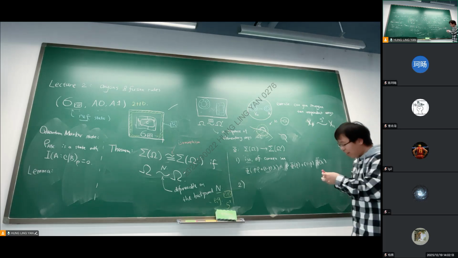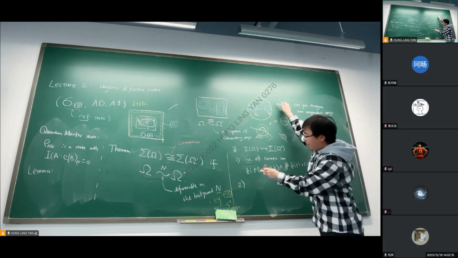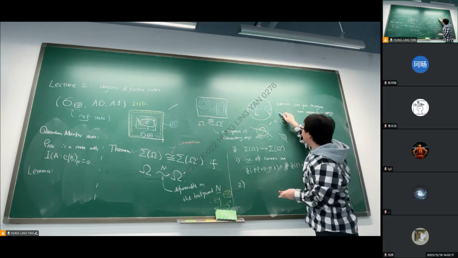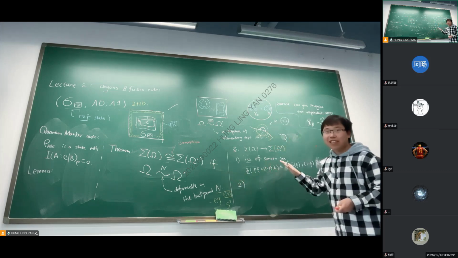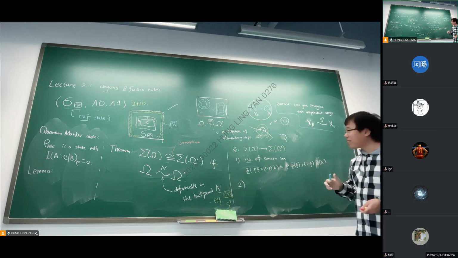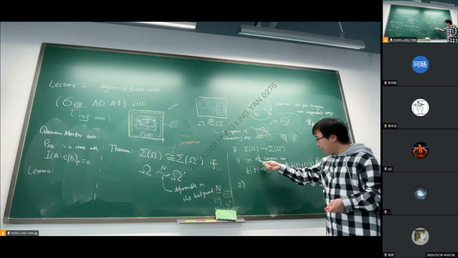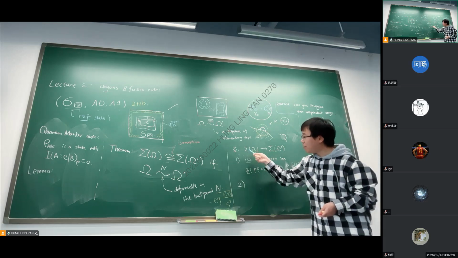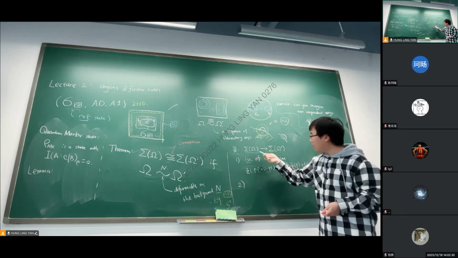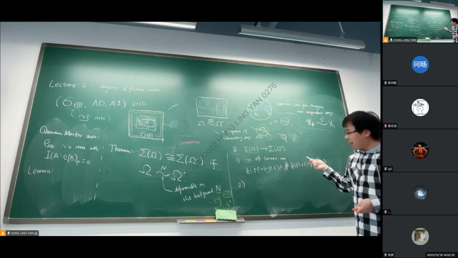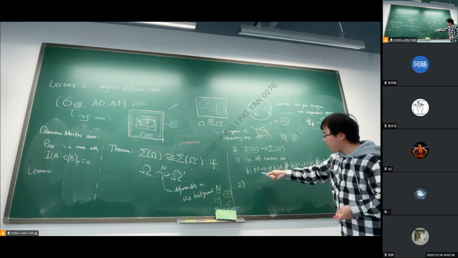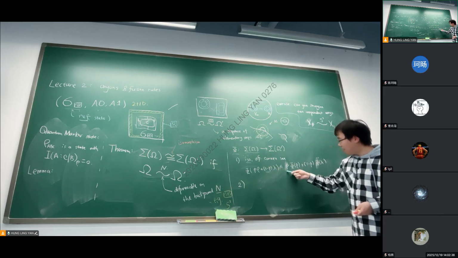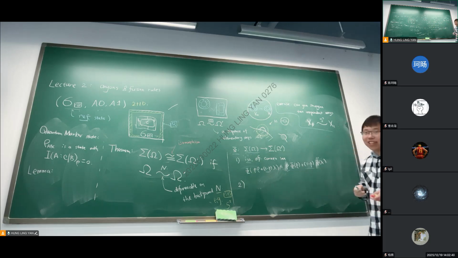Okay, let me put the exercise here, and now I'm going to complete the definition of isomorphism. I haven't finished answering your question. The first is that the map from sigma omega to sigma omega prime must be an isomorphism of the convex set. So take two elements. Then you can pull out the probabilities.